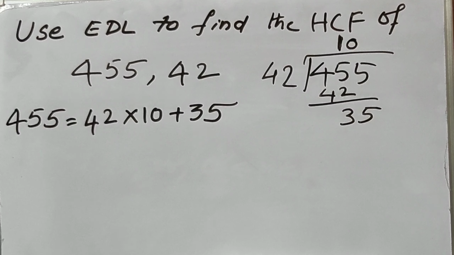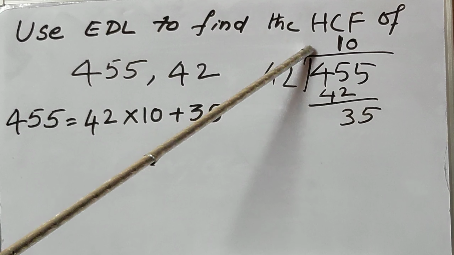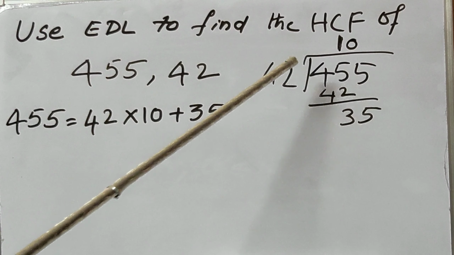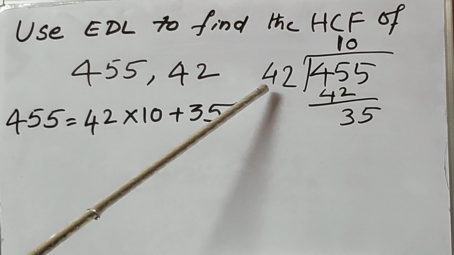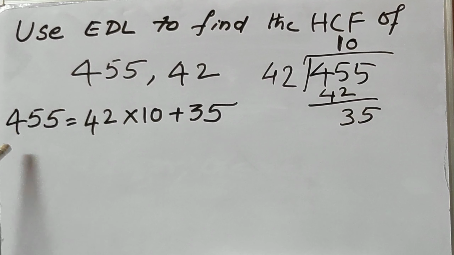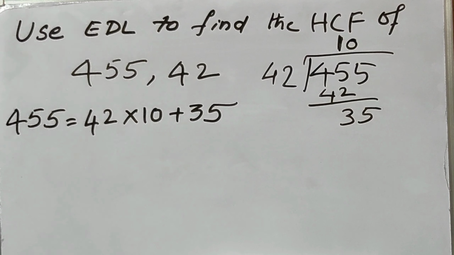Now using long division, 455 is divided by 42. We get the quotient as 10 and remainder as 35. So this is our a, this is our b, and q and r. So 455, that is a = bq + r, 455 = 42 × 10 + 35.